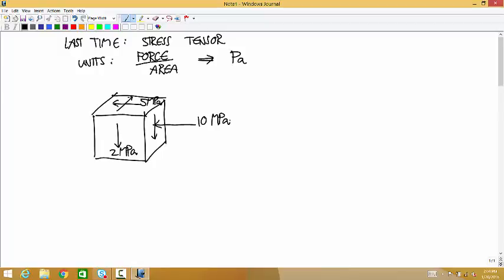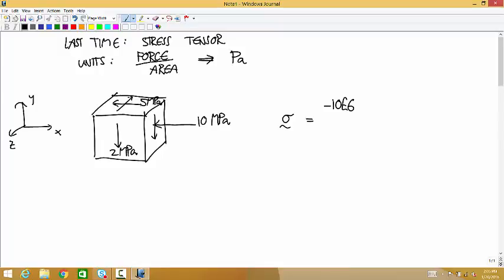Okay. So in this case, the stress tensor, if you have a coordinate system like this, on the positive x face, we have an x component in the negative x direction, so negative 10. I'm going to just list these all in megapascals, or in pascals, times 10 to the 6th.